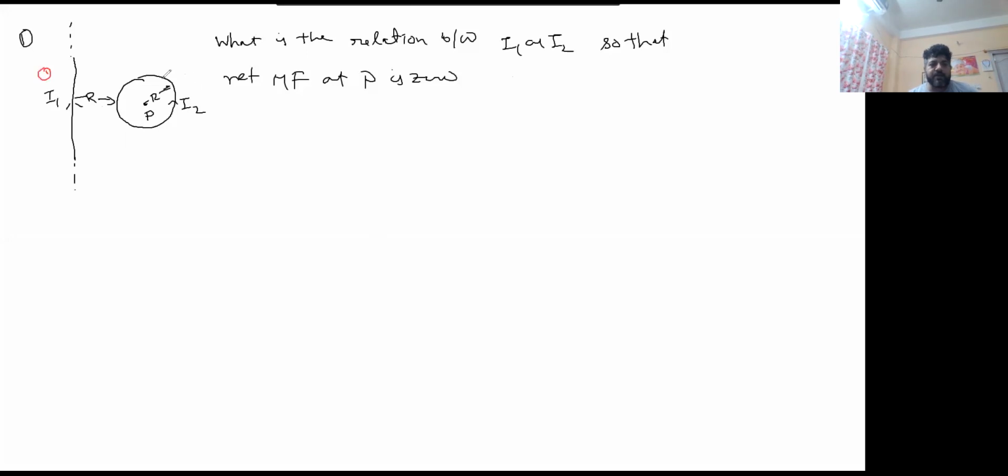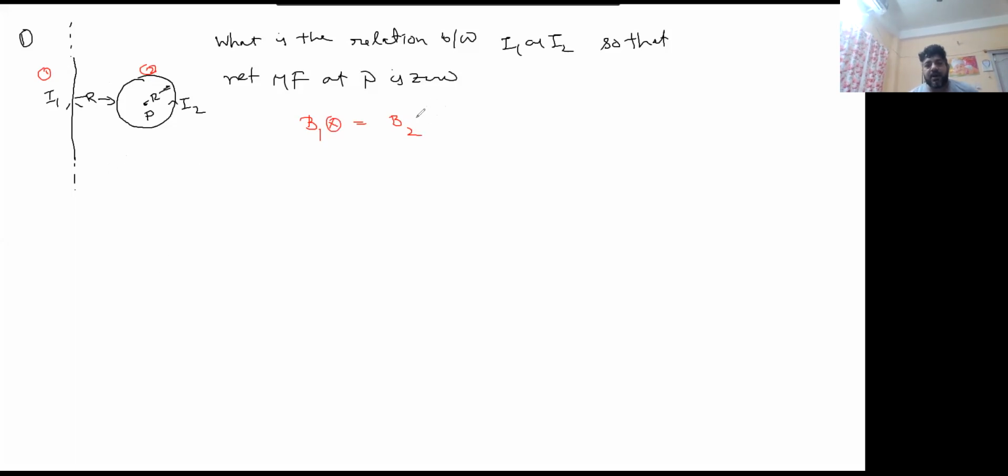Let this be number 1 and this be number 2. So I can say the magnetic field at 1 and the magnetic field at 2 are equal. If you want to check by using the right hand curl rule, for the first wire in which direction is the magnetic field? Inward. Very good. And for the circular wire?